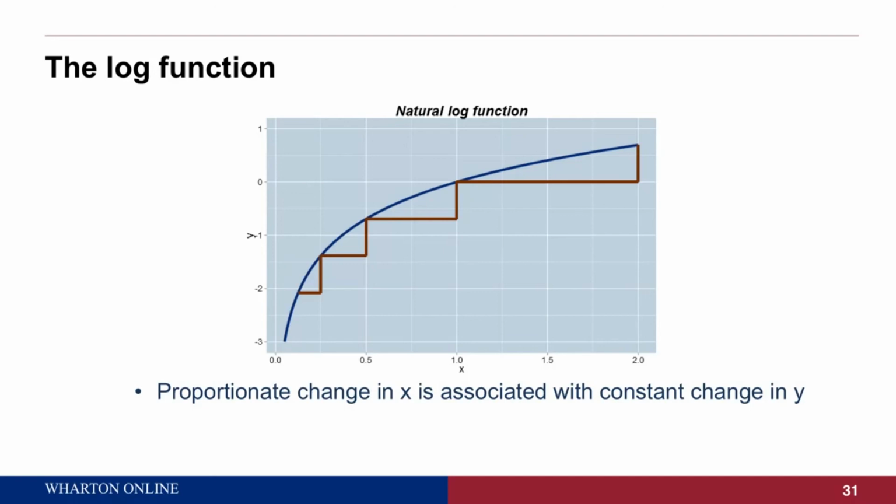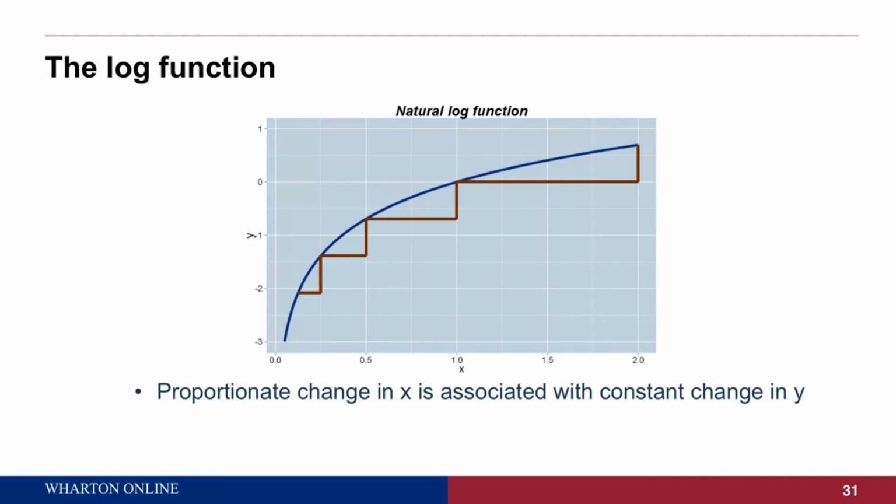That's a doubling. And when we do that, we take a step up. Then we double again. We go from 1/4 to 1/2. When we do that, the function steps up, but it steps up by exactly the same amount. Then we double again. We go from 0.5 to 1. The log function increases, but by exactly the same amount as when we went from a quarter to a half and an eighth to a quarter.